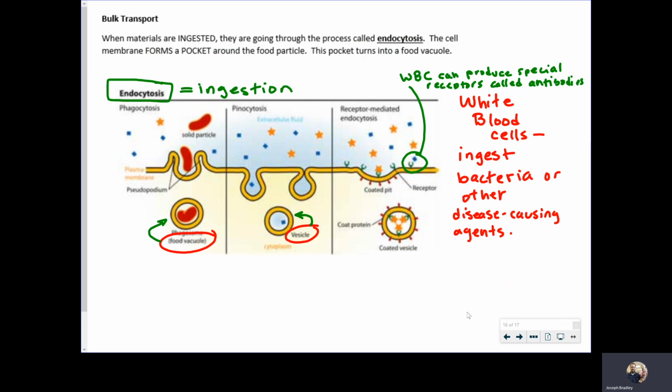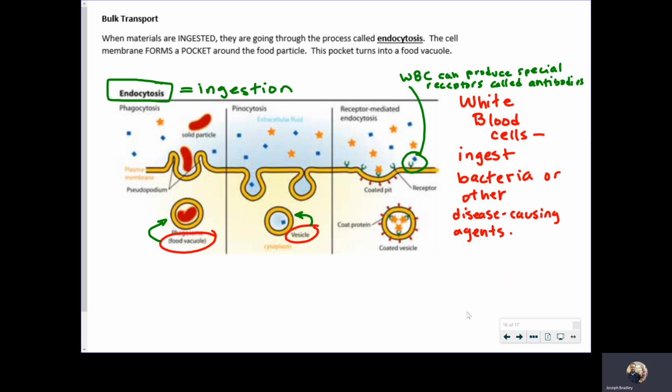Then you have the other type of active transport, called bulk transport. We've actually seen pictures of this already. The term for the bulk transport that we've just called ingestion is endocytosis. Your white blood cells use antibodies as receptors to identify specific things, and they can then ingest materials they recognize.